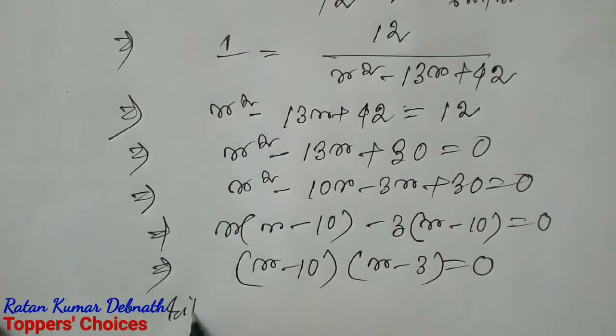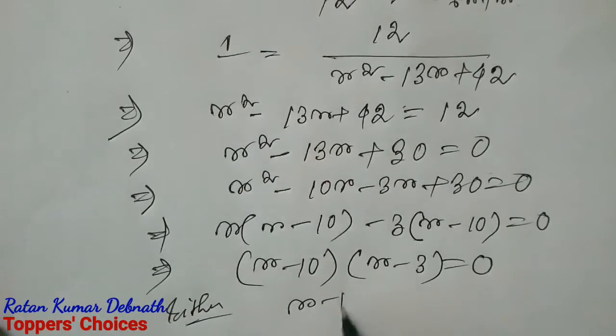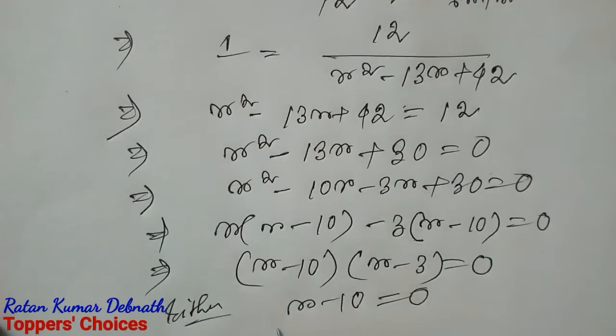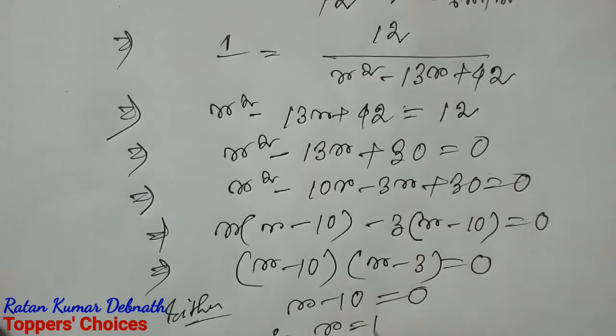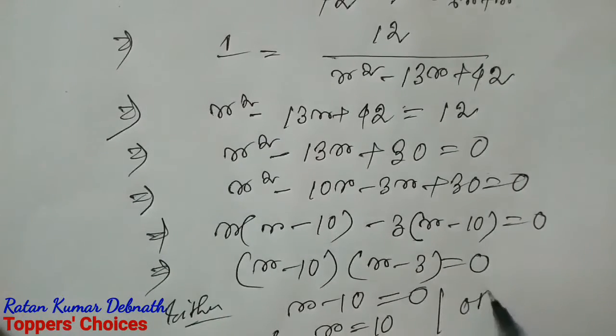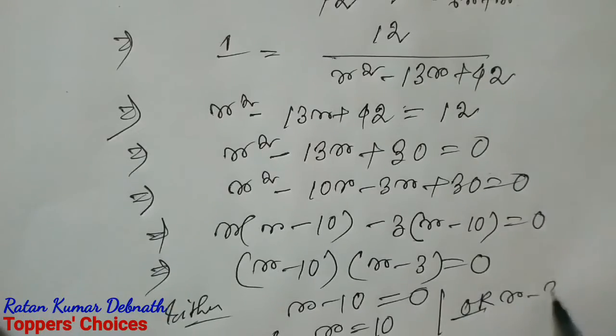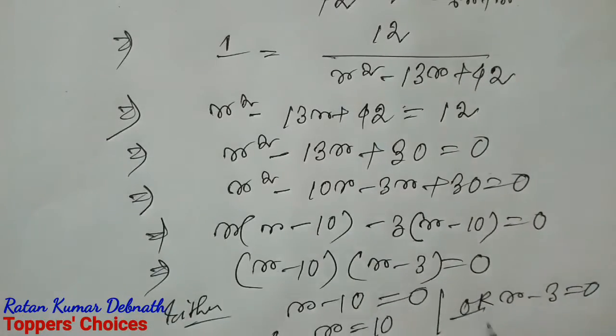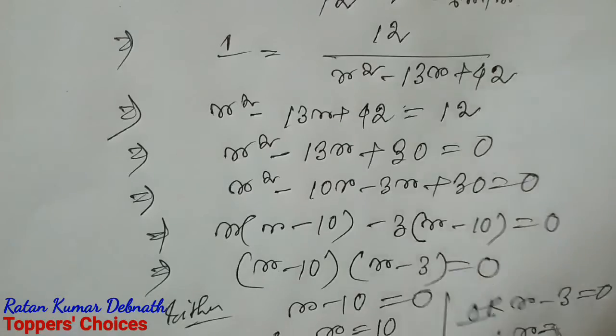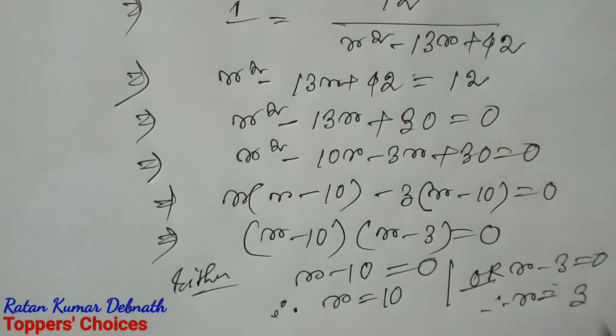Either r minus 10 equals 0, that is r equals 10, or r minus 3 equals 0, that is r equals 3.